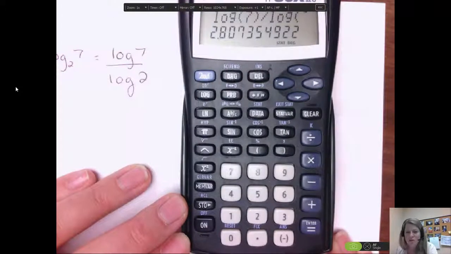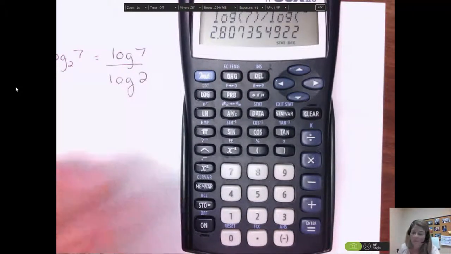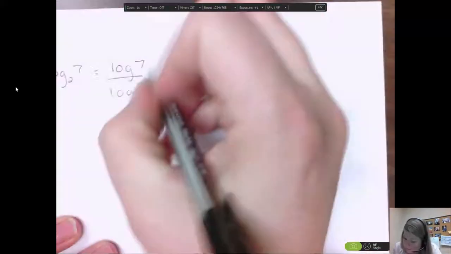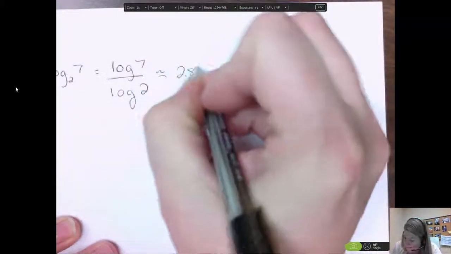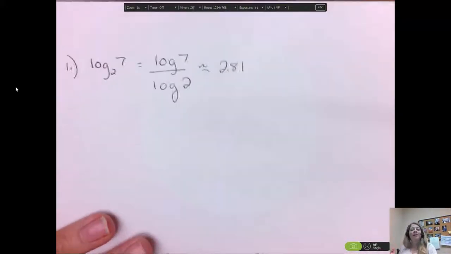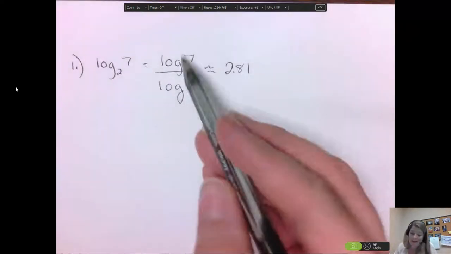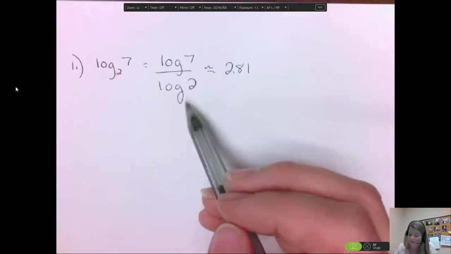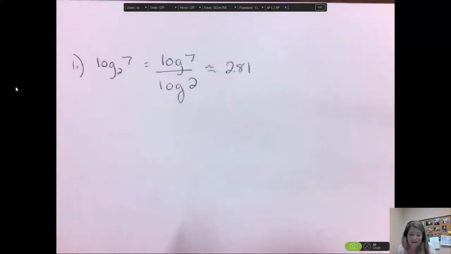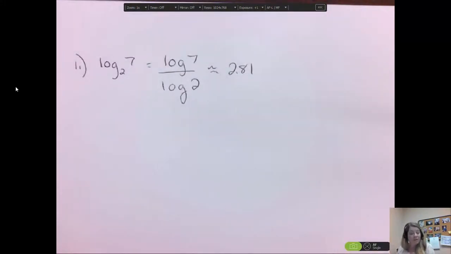And so it's about 2.81 if you round up. You have to be able to convert those to whatever base you want. This is converting them to base 10 because you left off the base, right? So you're converting it and you could divide and get the answer. So that'll be helpful for some of those problems.